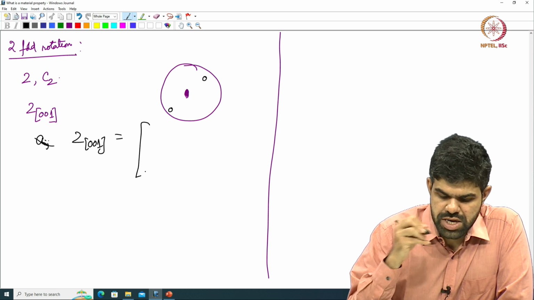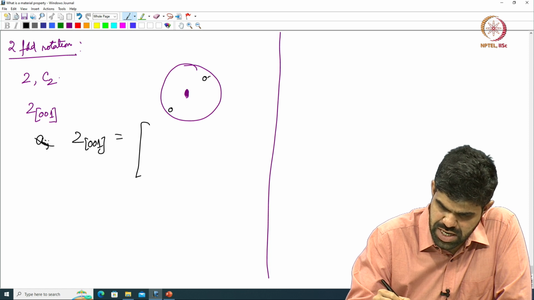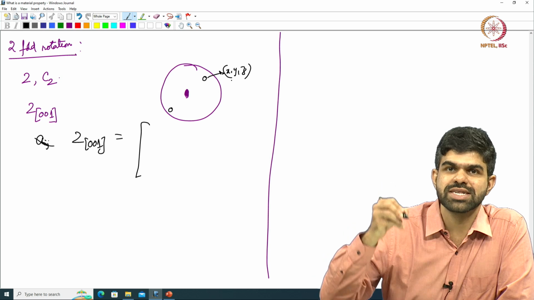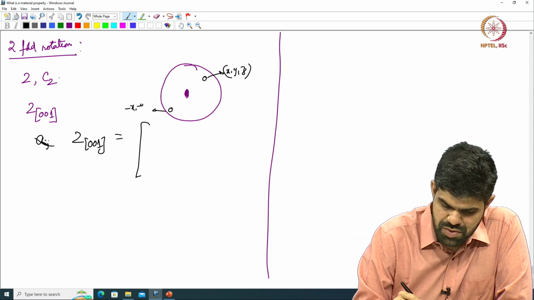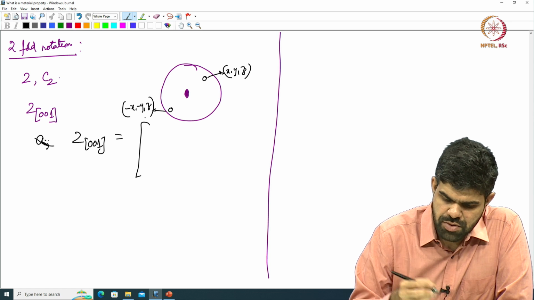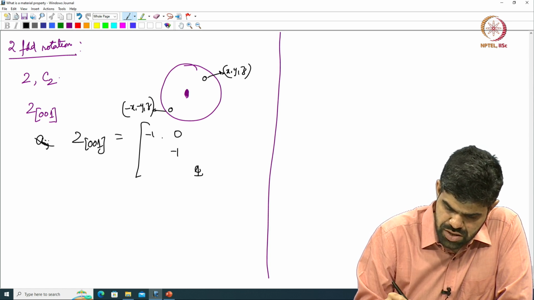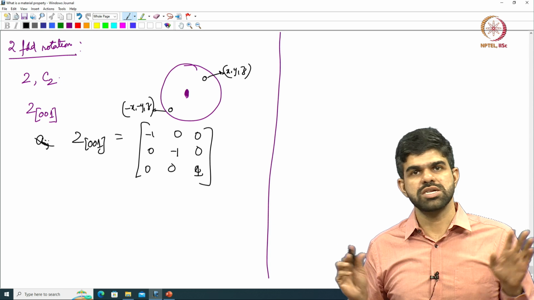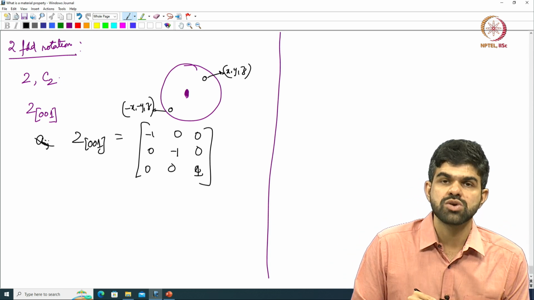The matrix of rotation is nothing but, if this is x y z and I am rotating about the z axis or the c axis, this will be minus x, minus y, z. So, based on this you can write the matrix: minus 1, 0, 0; 0, minus 1, 0; 0, 0, 1. x is transformed to minus x, y is transformed to minus y, z just remains. So, z does not transform.